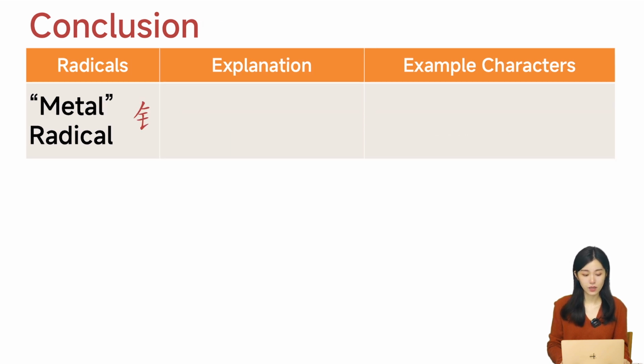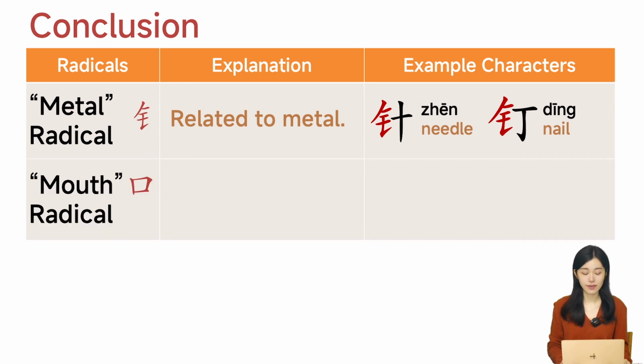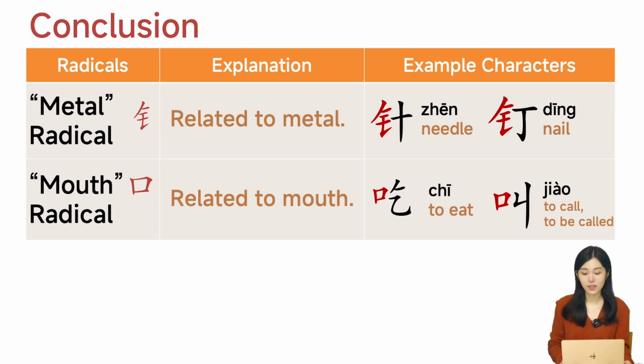Next we learn metal radical, which is related to metal. We have example characters, 针, 钉. The last radical we learn is mouth radical, which is related to mouth. We have example characters, 吃, 叫.